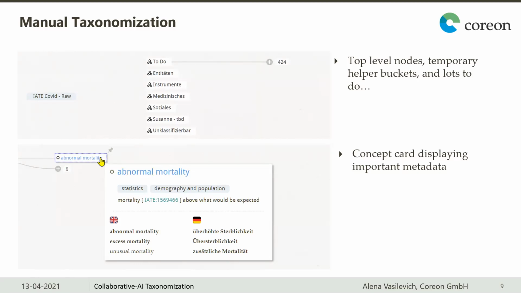Coreon's concept card is a preview widget for the whole concept information. It usually contains the terms of the two currently selected languages, like German and English here, domain values such as statistics and demography and population here, as well as the definition to give a quick encyclopedic-like hint of what a concept is about.